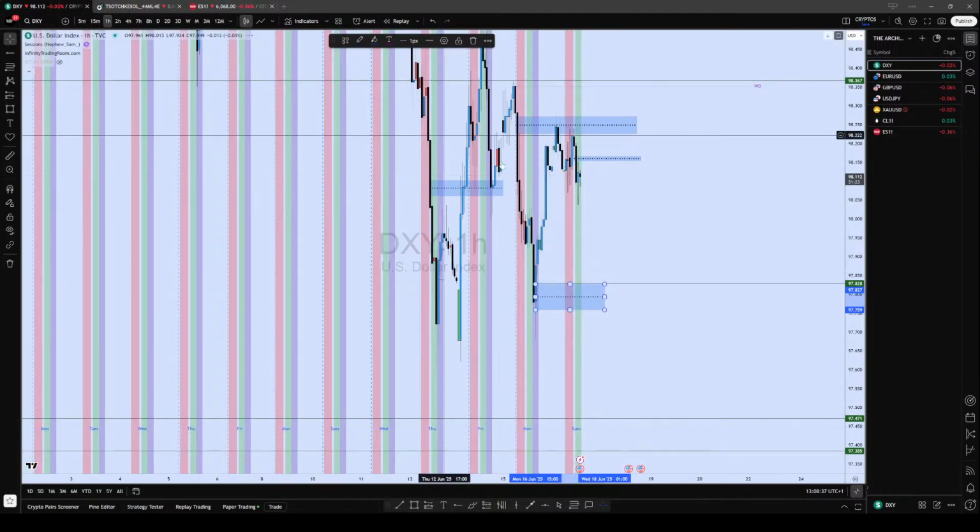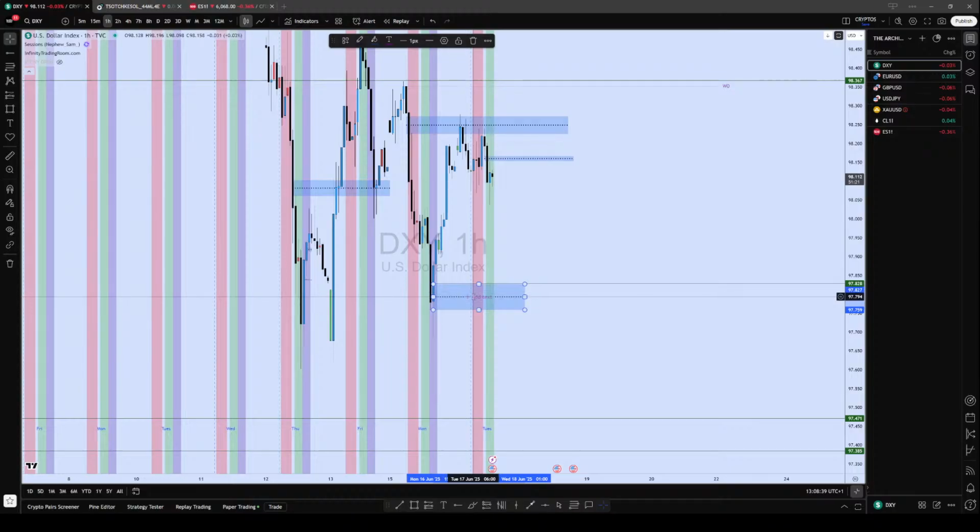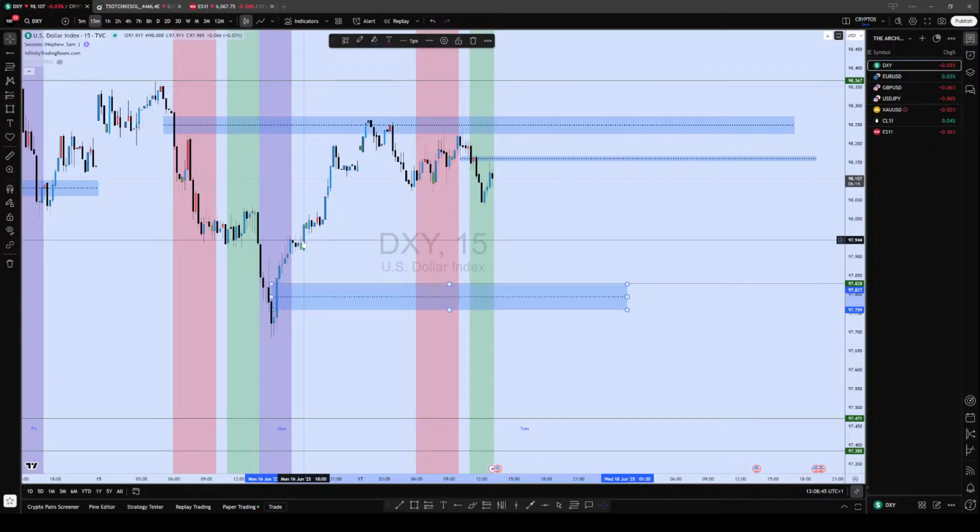Okay, so from here we will be dropping down there. There's a small little one, but I think from the lower time frame perspective, this is the most dominant imbalance. There's a little one just above it, so just be aware of that too, because they can hit that and not come to that one.